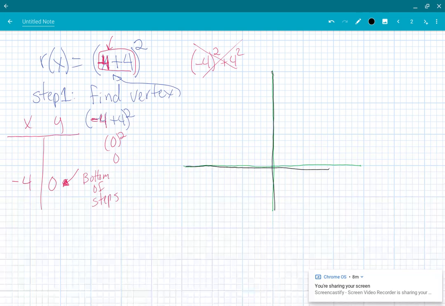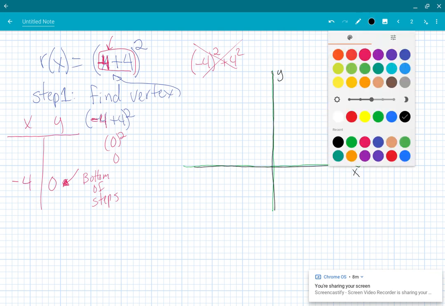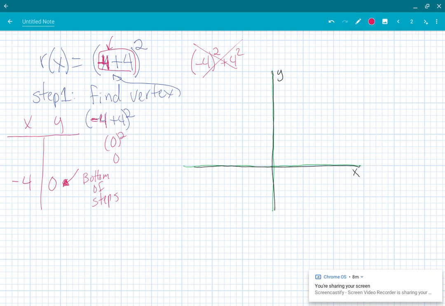Okay, so here's, whoa, all right. So, do you think the steps of this one are going to be the same, or are they going to be different, or you're not sure yet? I think they're going to be the same. All right, let's find out. Vertex.